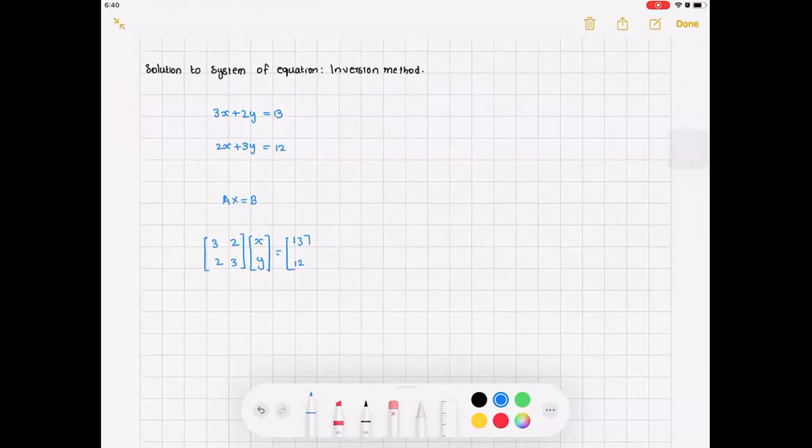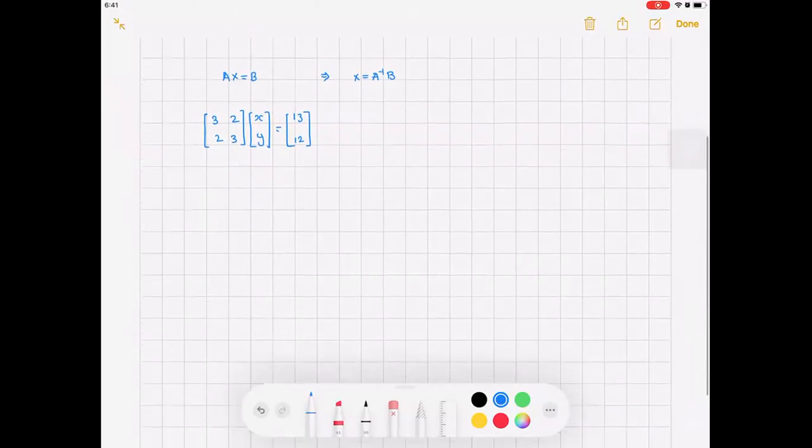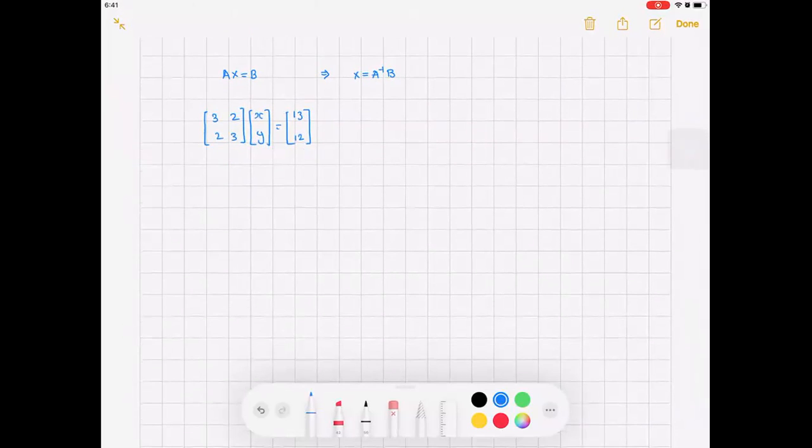13 12. So this equation can also be written as x is equal to a inverse into b. So now x is equal to a inverse வந்து 1 by determinant of a, and so interchange the diagonal elements and add minus sign to the other two elements.